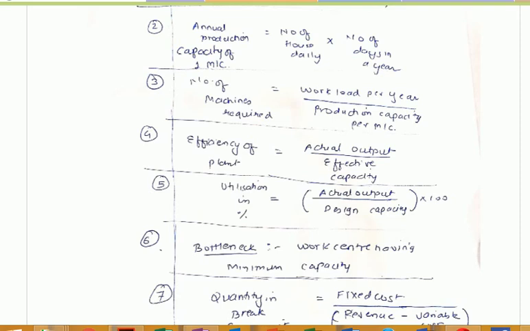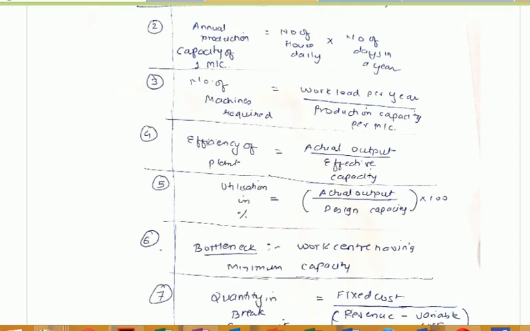Bottleneck is simply the process which has the minimum capacity or minimum capability to produce the number of units. In the example I have given, 300 will be the bottleneck if we compare the 4 values, that is 300, 350, 400 and 450.